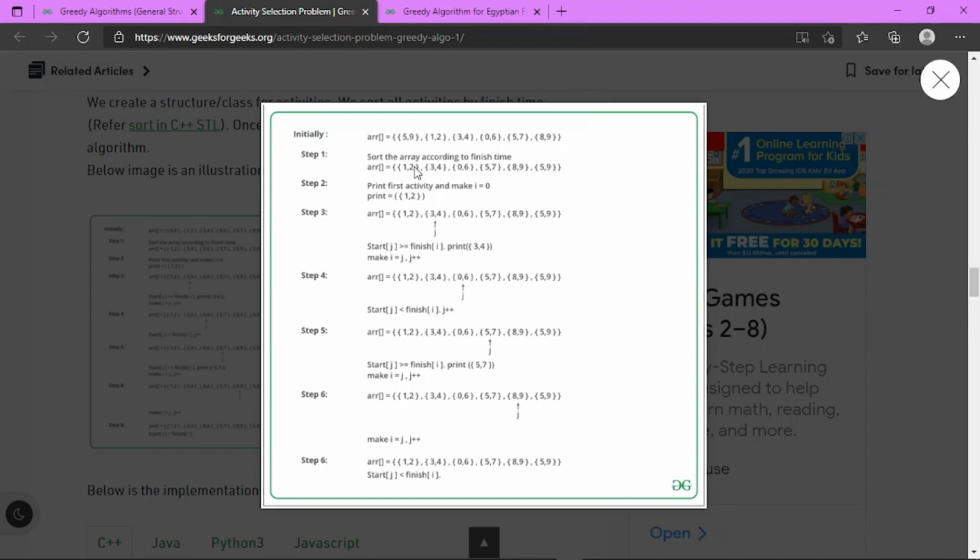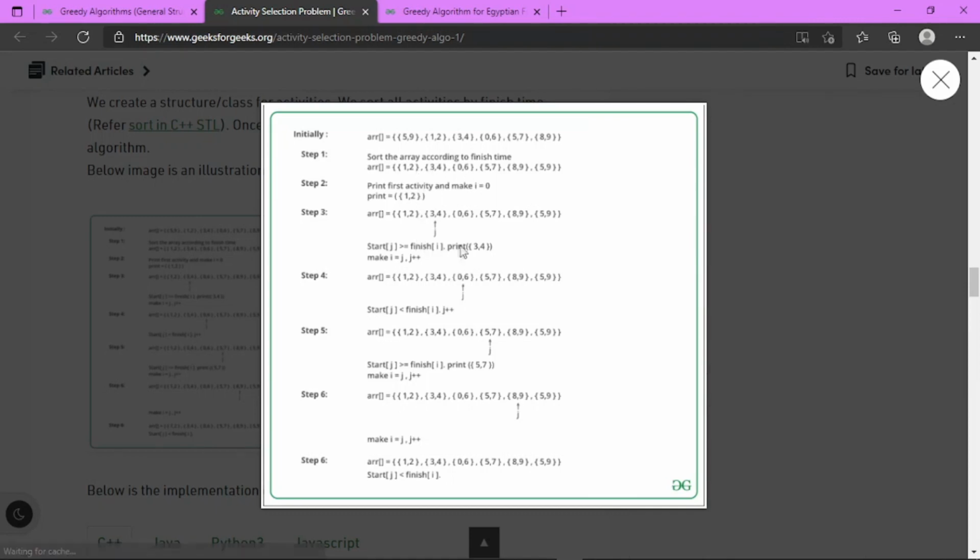If it is less, we hop on to the next sub array, otherwise we print it. After 1 2, as 3 is greater than 2, we print 3 4. After that, as 0 is less than 4, we hop on to the next one.